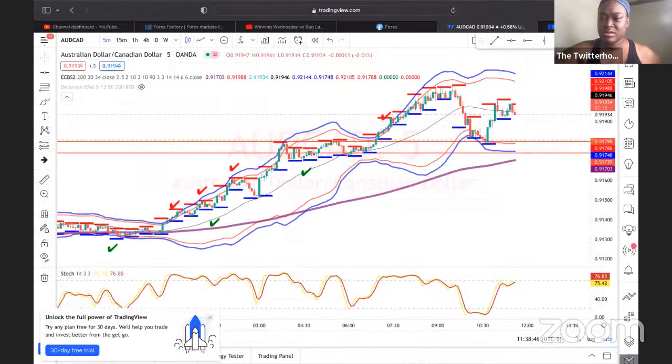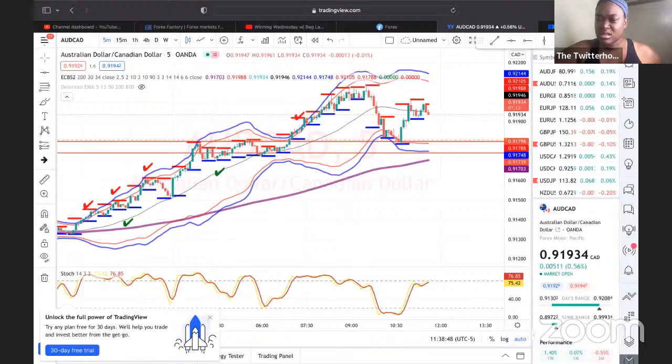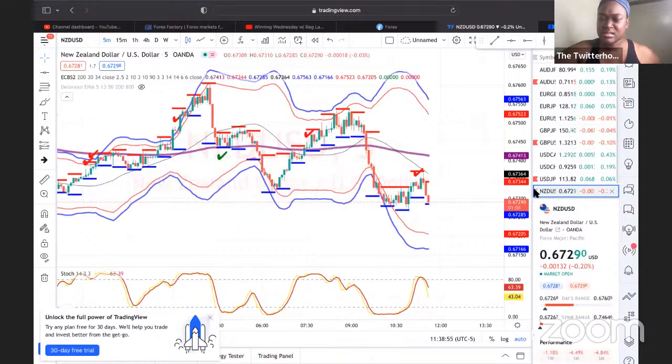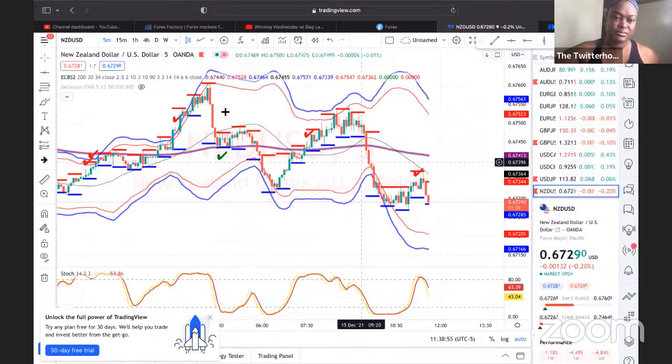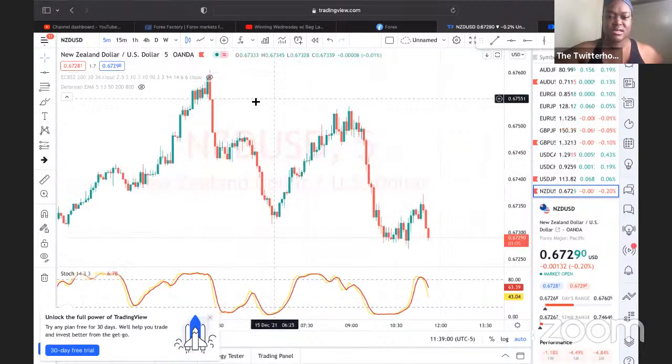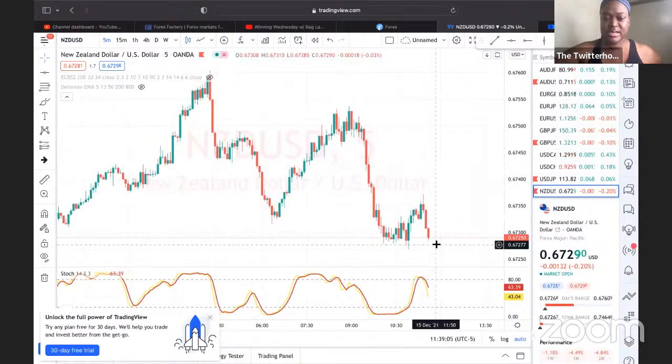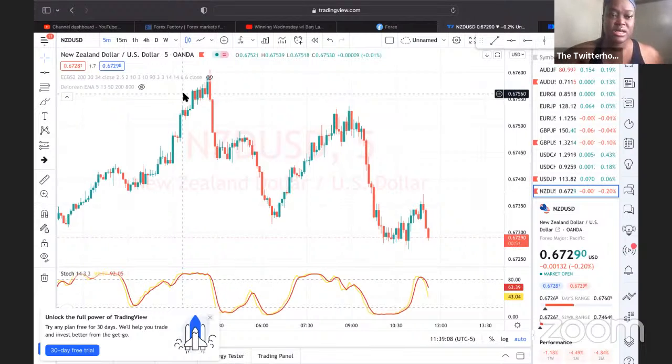So I come here. Okay, here's NZD USD. Let's hide that. All right, and we see bearish is going down, right? So just from the naked eye, you see that price is going down.